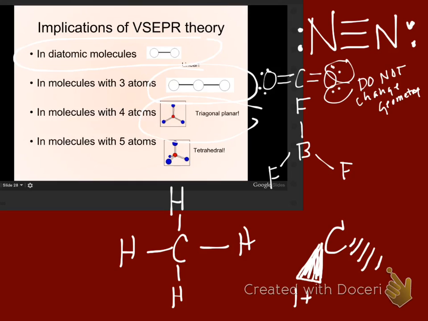So you would draw it something like that. And that's supposed to show dimensionality. It doesn't do a great job, but that's a tetrahedral arrangement.